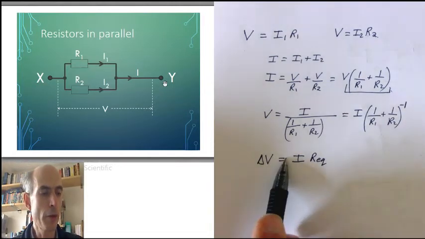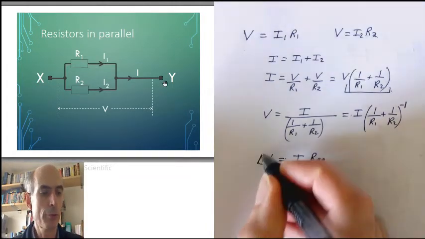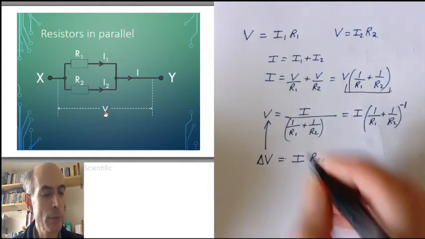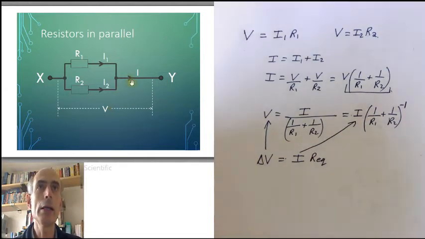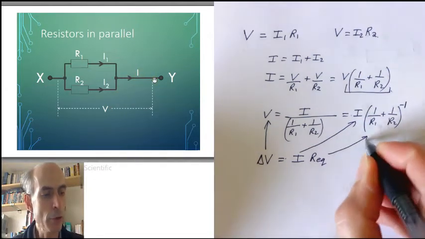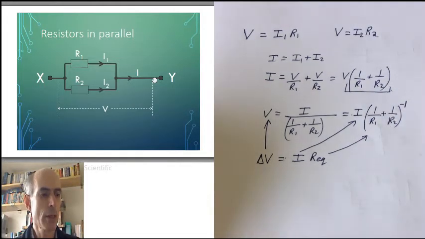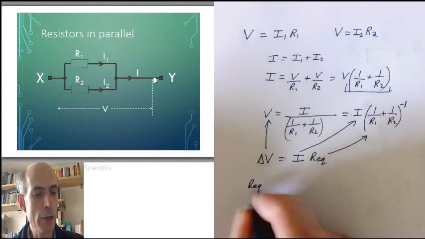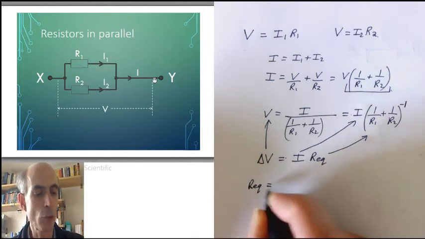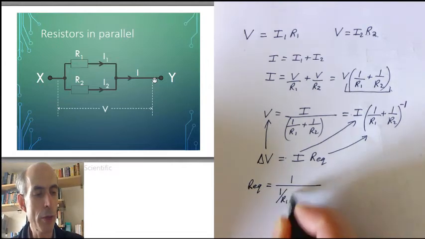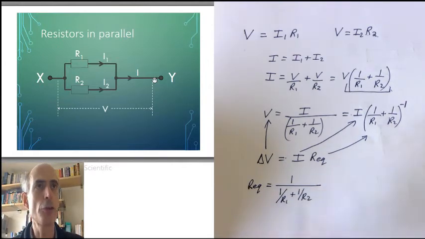Compare this formula to this formula. Well, the voltage difference is just what's labelled V in the diagram. The current, well, I is the total current flowing out of the network. Therefore, the equivalent resistance must be given by this formula here. We have Req, the effective resistance, or equivalent resistance, is 1 over (1 over R1 plus 1 over R2).